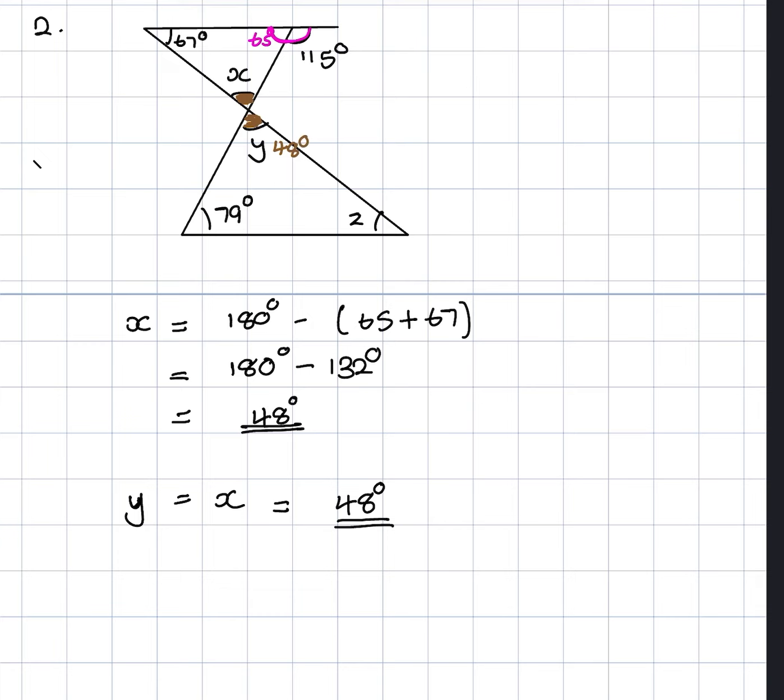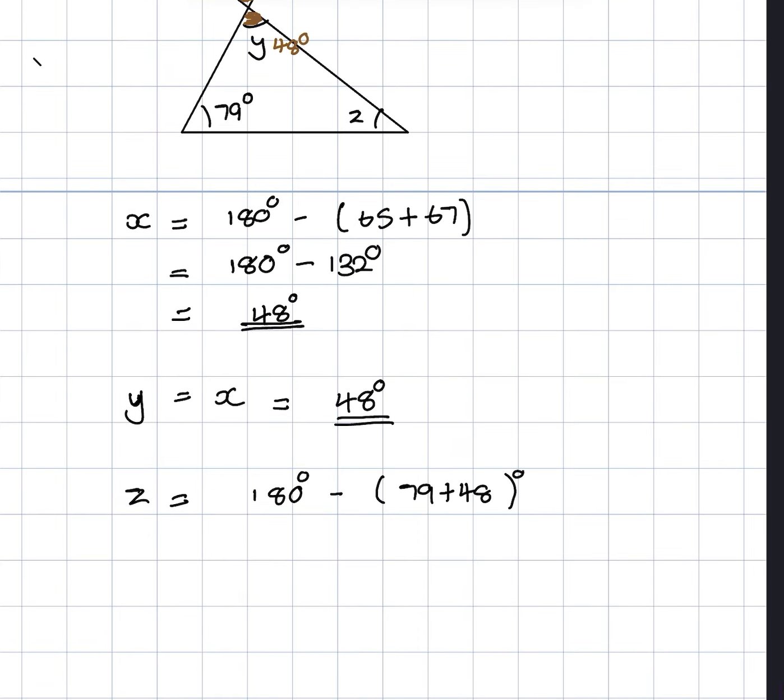Next, we want to find angle z. Angle z is equal to 180 degrees minus 79 plus 48. 79 plus 48 gives you 127. 180 degrees minus 127 degrees, the answer is 53 degrees.